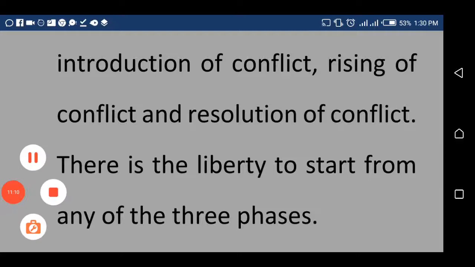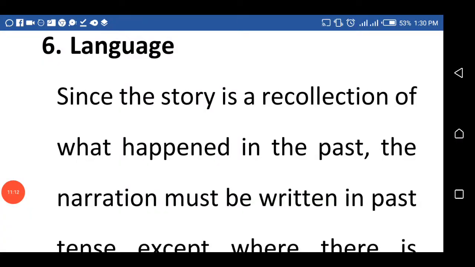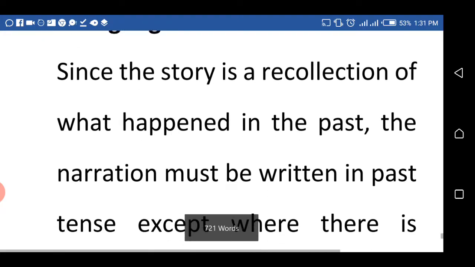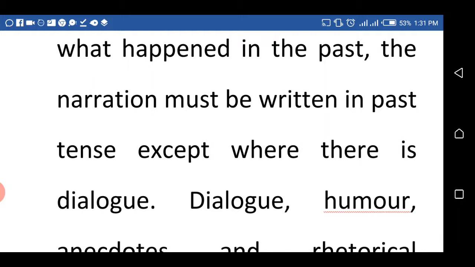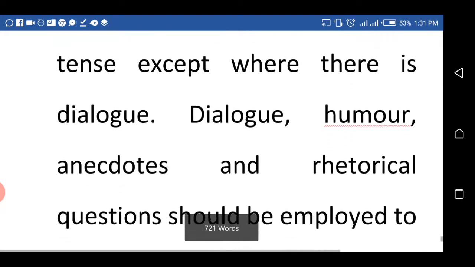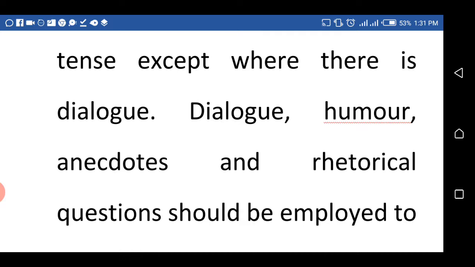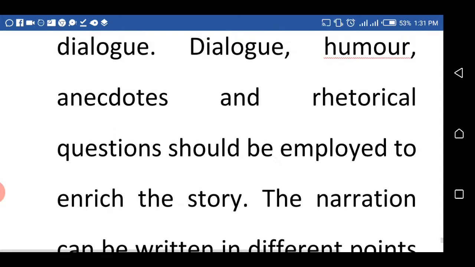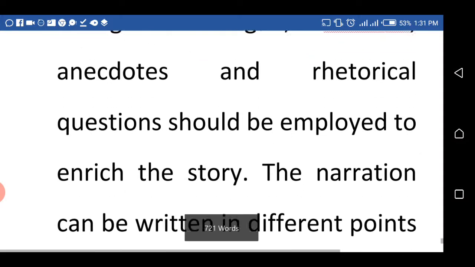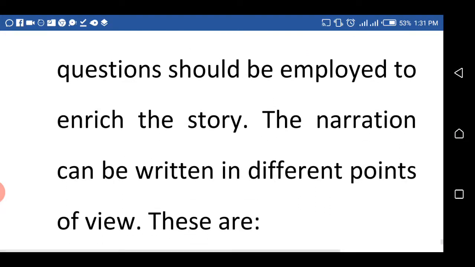That's what this means. Number 6 is language. Since the story is a recollection of what happened in the past, the narration must be written in the past tense, except where there is dialogue. Dialogue, humor, anecdotes, and rhetorical questions should be employed to enrich the story. The narration can be written in different points of view.